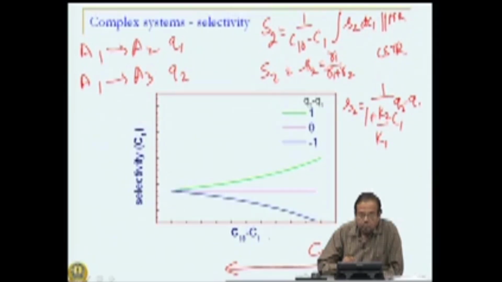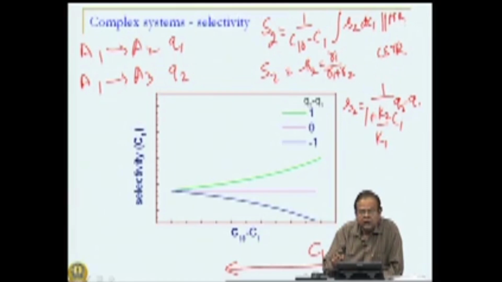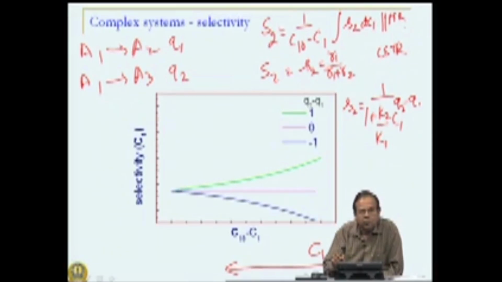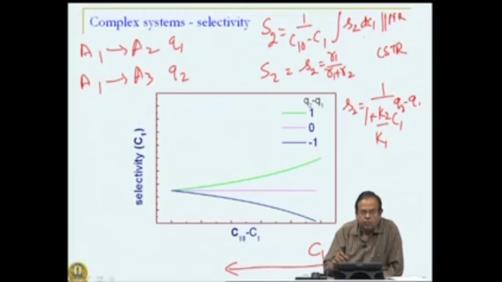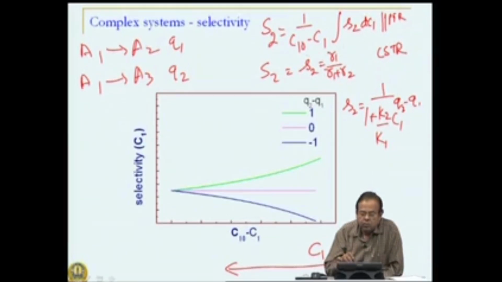Now, let us look at what happens to a plug flow reactor. For a plug flow reactor, again the design equations are independent of the kinetics, they are characteristic of the flow conditions and what kind of reactor we have. So, for plug flow reactor, by now you would have guessed, it is nothing but the area under the curve over C10 minus C1.